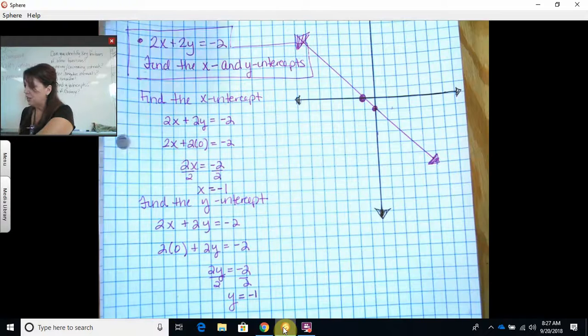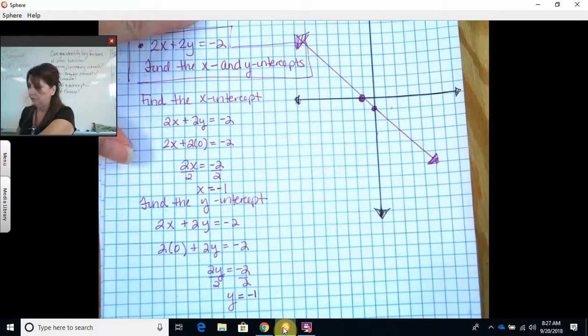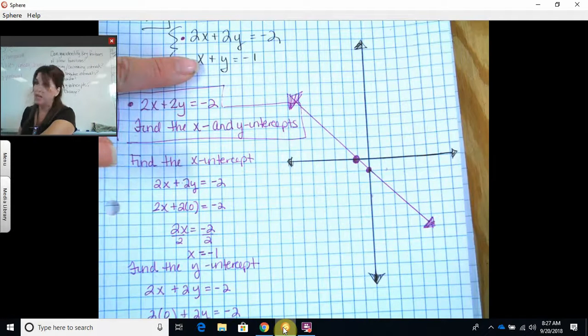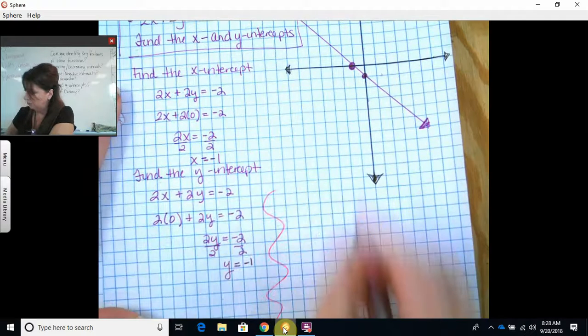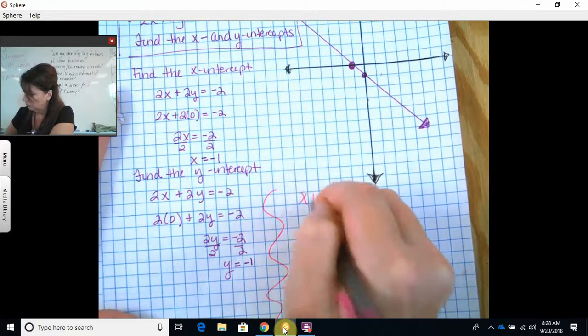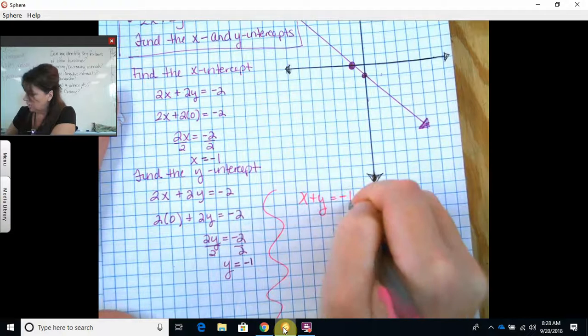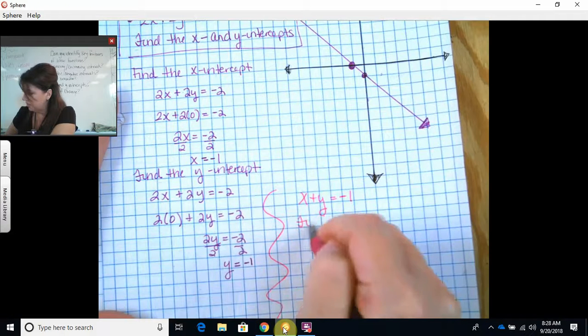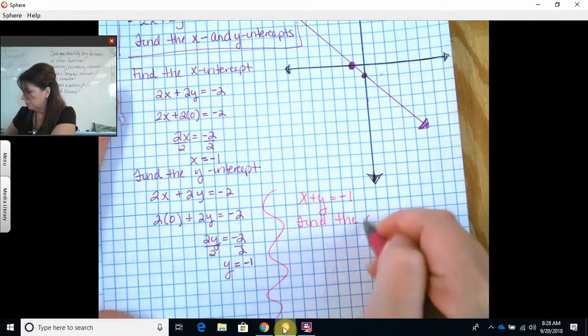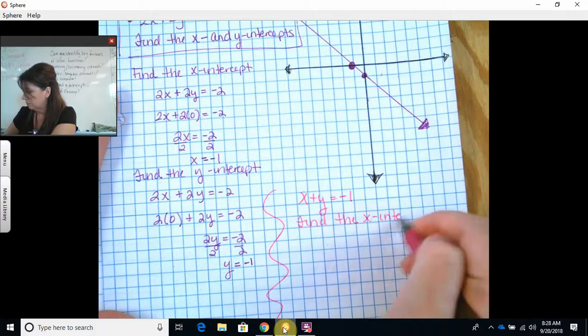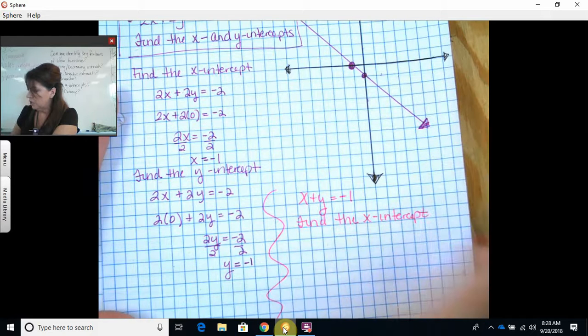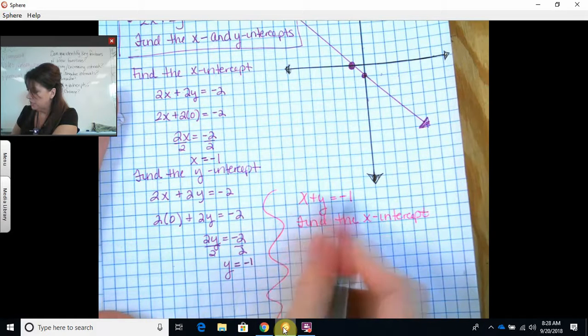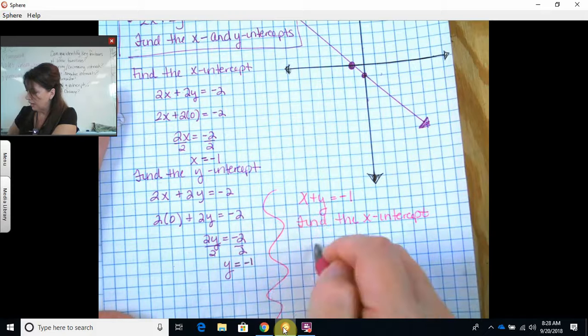Okay, so we have not graphed the other line, x plus y equals -1. We haven't graphed that yet, so I'll do that next. I'll start by finding the x-intercept. If we want to know what the x-intercept is, we substitute in a 0 for y.